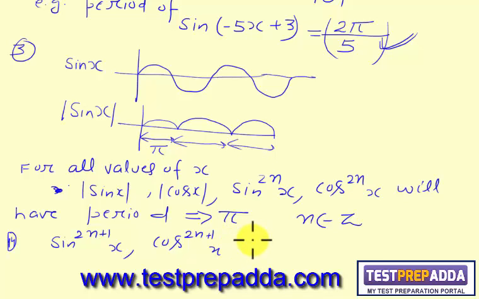So here the period will be 2 pi. Here also n belongs to integers. Got it?